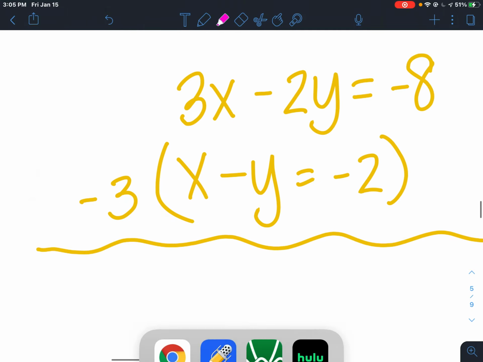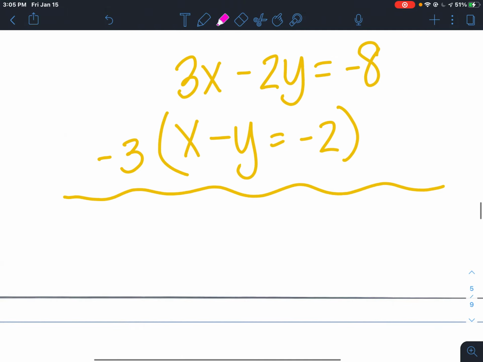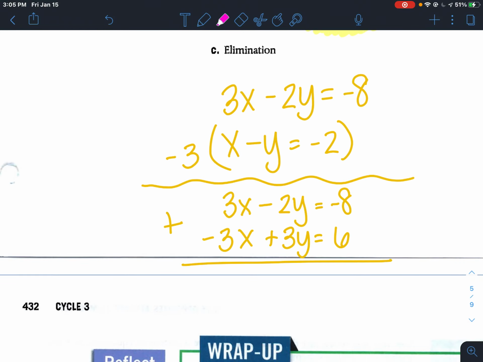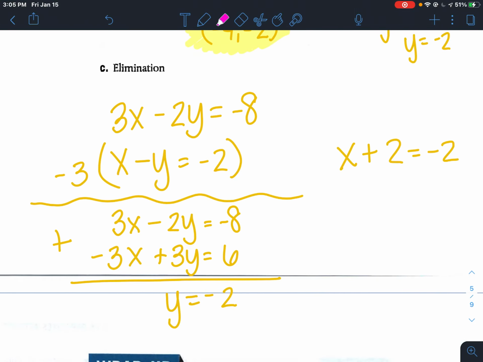So I multiplied by negative 3, the top one stays the same, and the bottom one becomes -3x plus 3y equals 6. I can cancel that out, so y equals negative 2. And then I plug y back in to solve for x, and x equals negative 4. So my solution is (-4, -2).